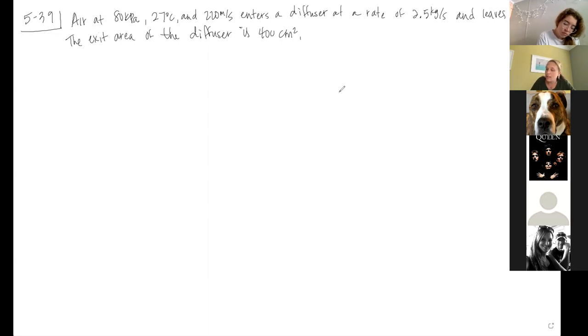The air is estimated to lose heat at a rate of 18 kilojoules per second.